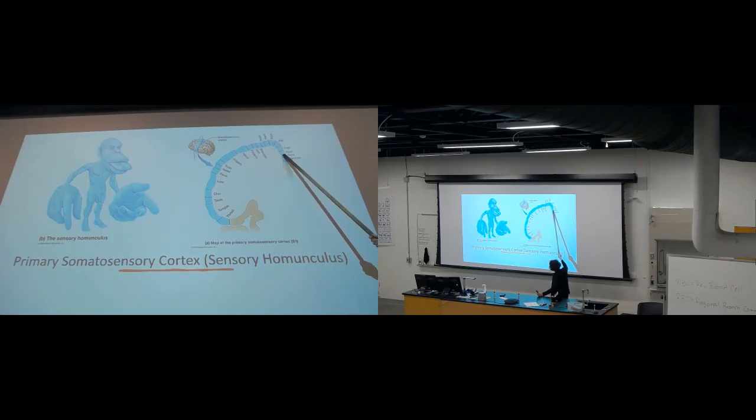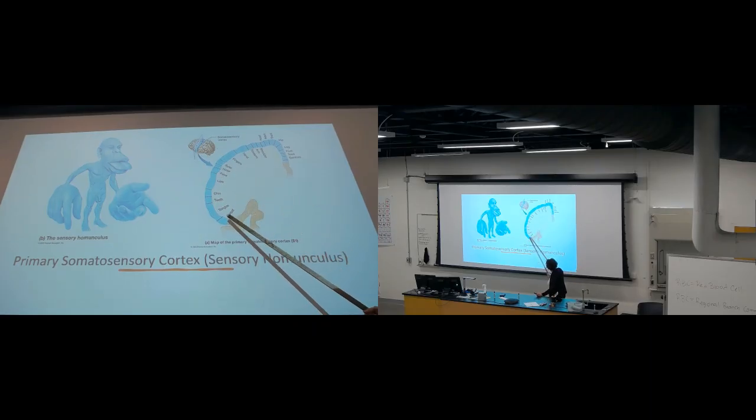Each of these little segments represents what areas of the body we're receiving sensations from. Like here, in this part, we have neurons that tell us if we have certain sensations in the throat. For instance, if you drink cold water and you feel that sensation in your throat, that information is going to come here.